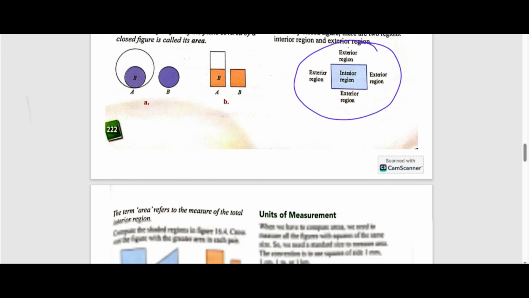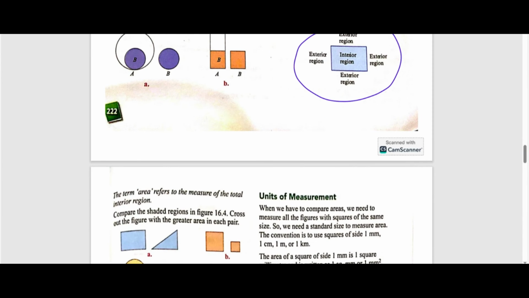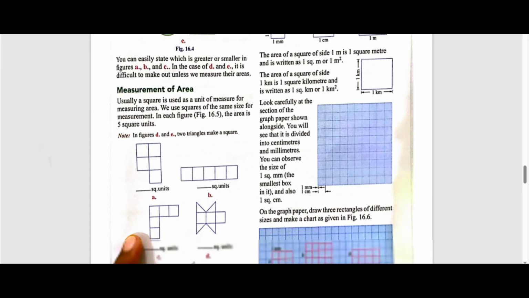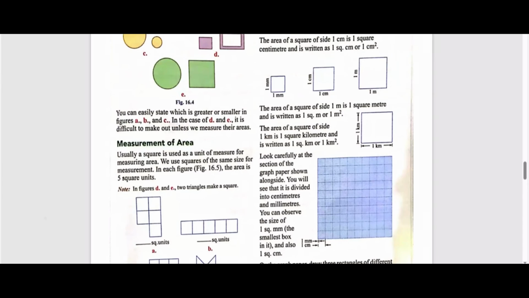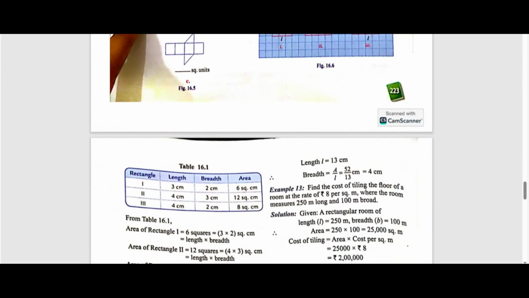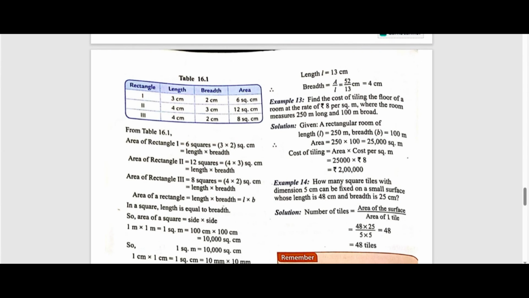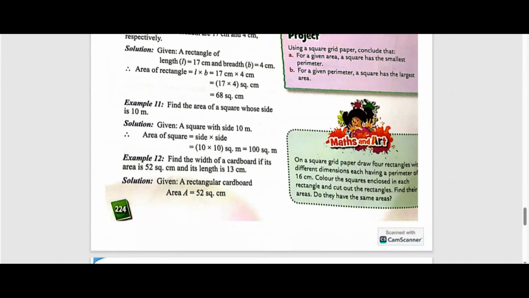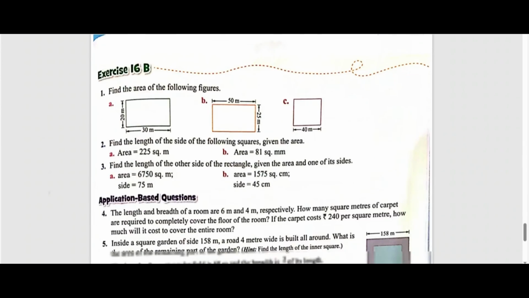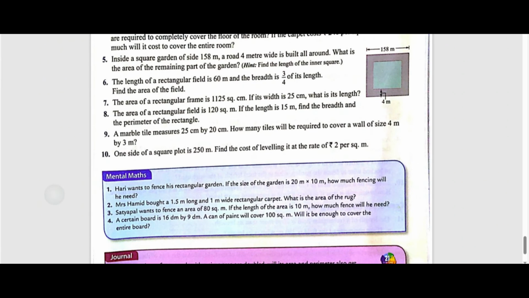The term area refers to the measure of the total interior region. Here they didn't give any formula for the total internal and external region.